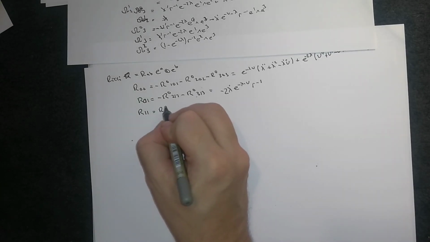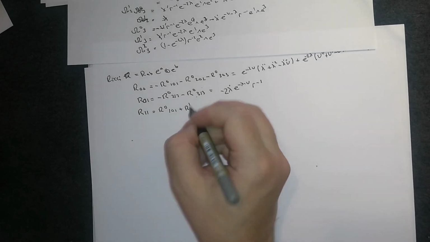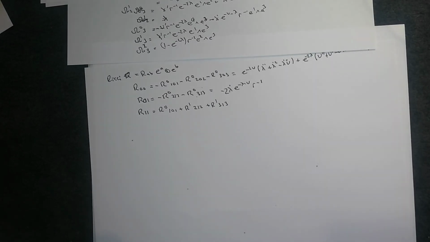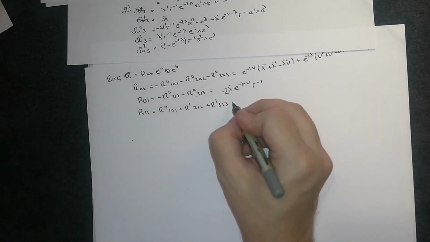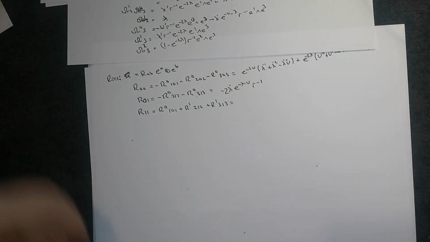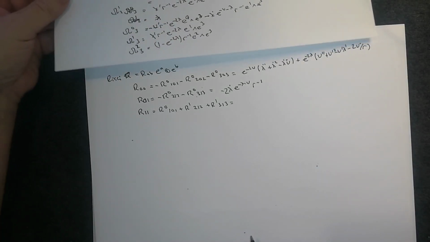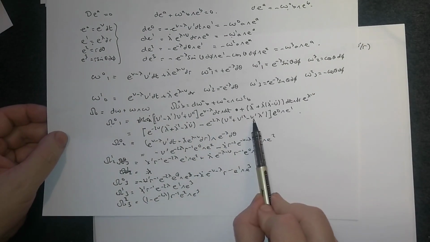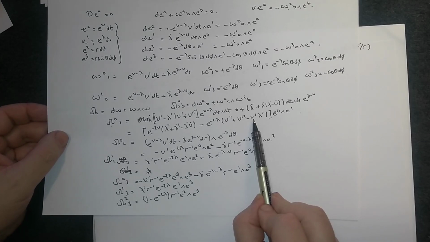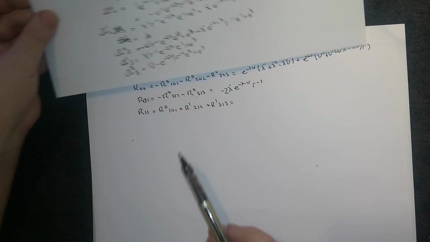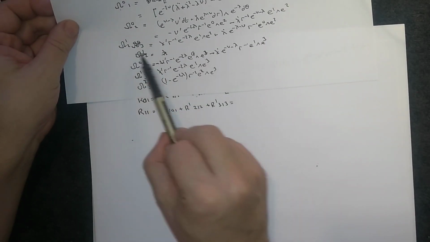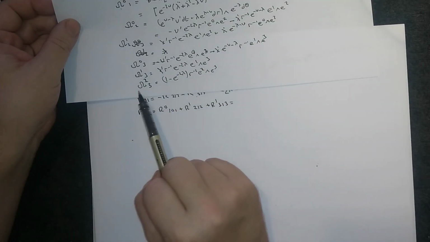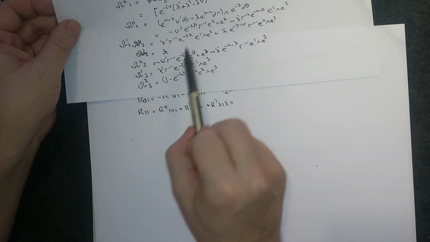R11 is R0101 plus R1212 plus R1313. So we get this expression again, and we also get 1212, that thing to add on, and 1313, that thing, so that's the same thing.